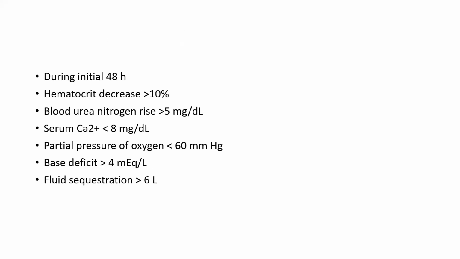After the initial 48 hours, we look for hematocrit decrease of more than 10%, blood urea nitrogen rise of more than 5, serum calcium less than 8, partial pressure of oxygen less than 60, base deficit more than 4, and fluid sequestration of more than 6 liters.